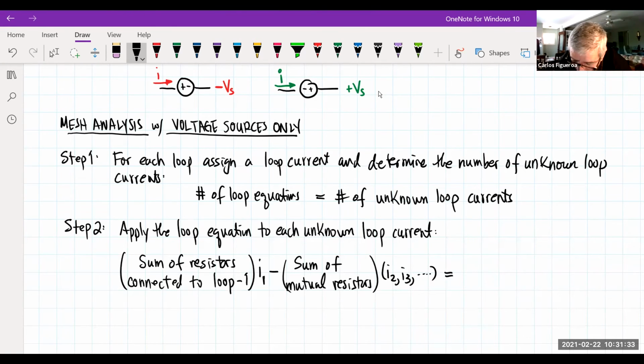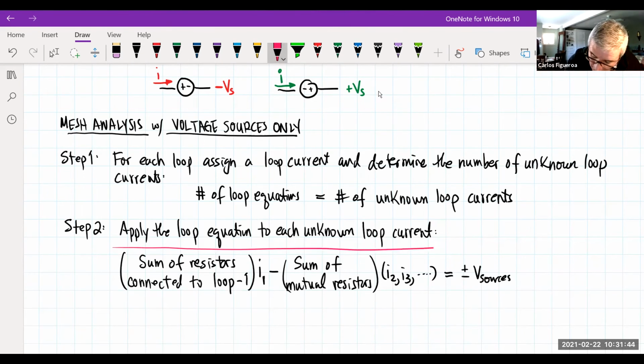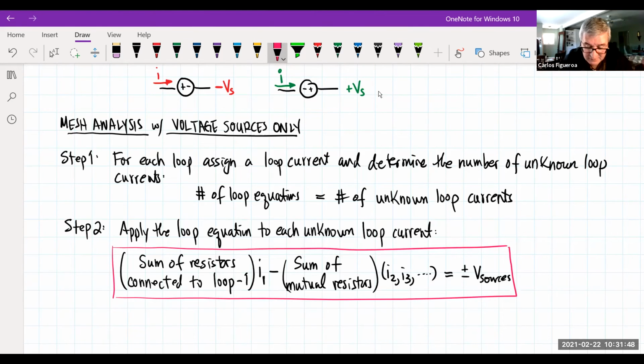And then following our sign convention, it's going to be plus or minus the voltage source. So this is what I call the loop equation. For example, if I have 2 unknown loop currents, then I have to write down 2 loop equations, one for each loop.